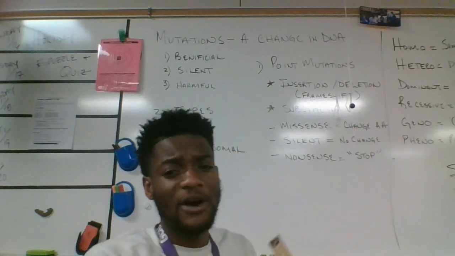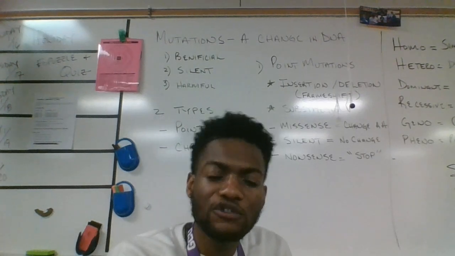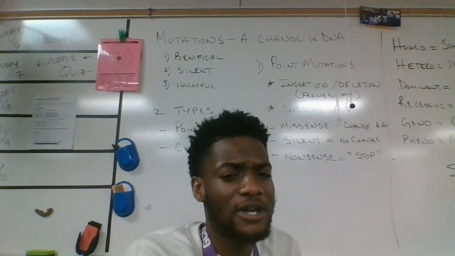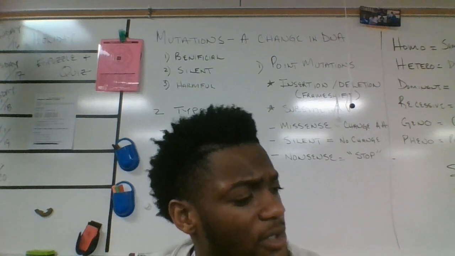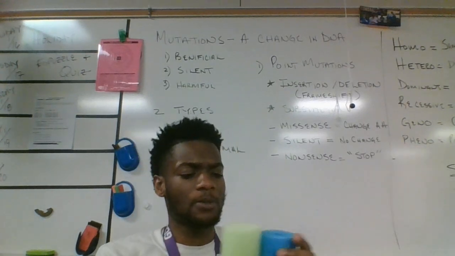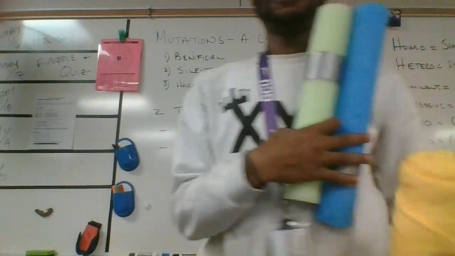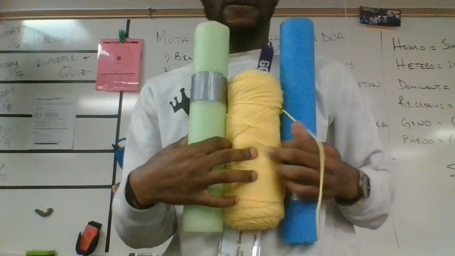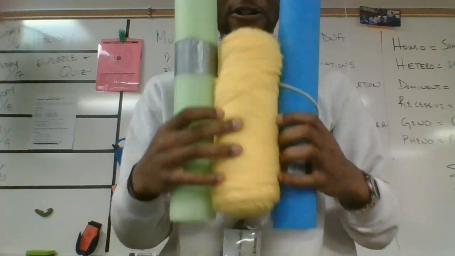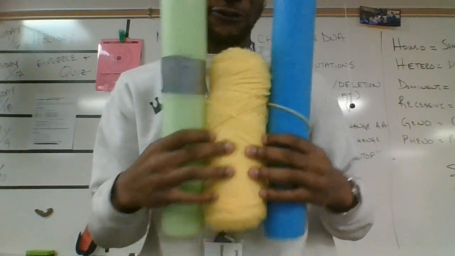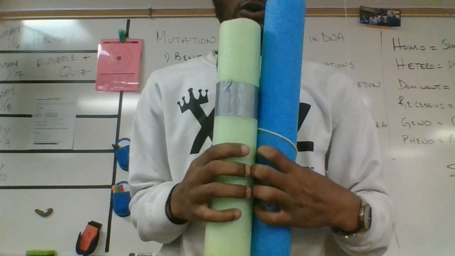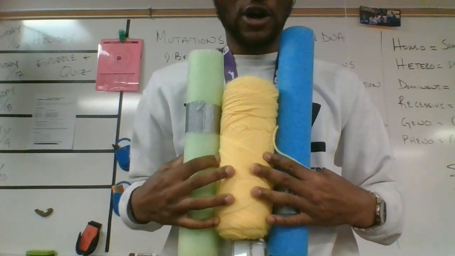So now let's talk about frame shifts. There are two different types of frame shift mutations. One is going to be, I don't know if y'all can see it. Let me stand up. This would be called insertion. This is a frame shift. See how we went from 2 to 1.